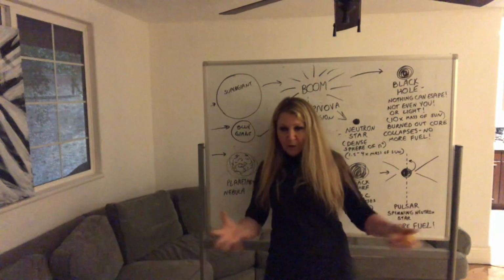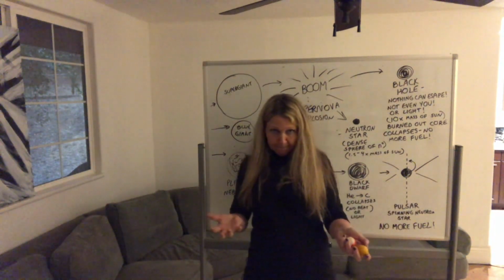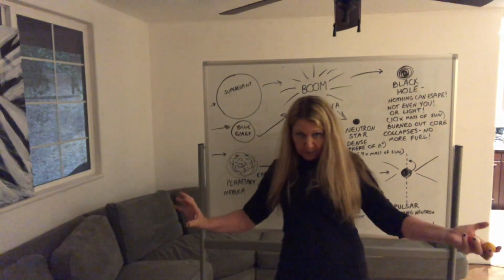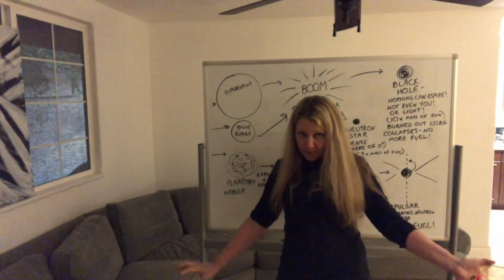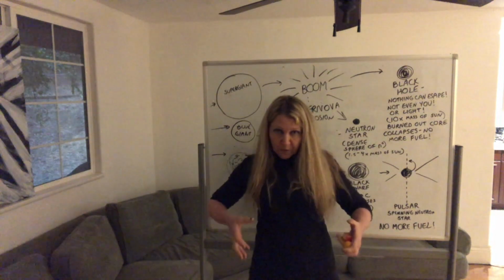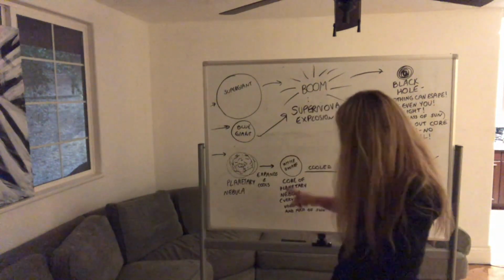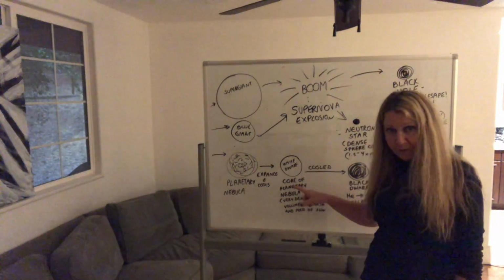Because there's no more nuclear fusion. There's no more gas. So it cools off. And hydrogen spreads out. And you're left with that core. And the core then is called a white dwarf.